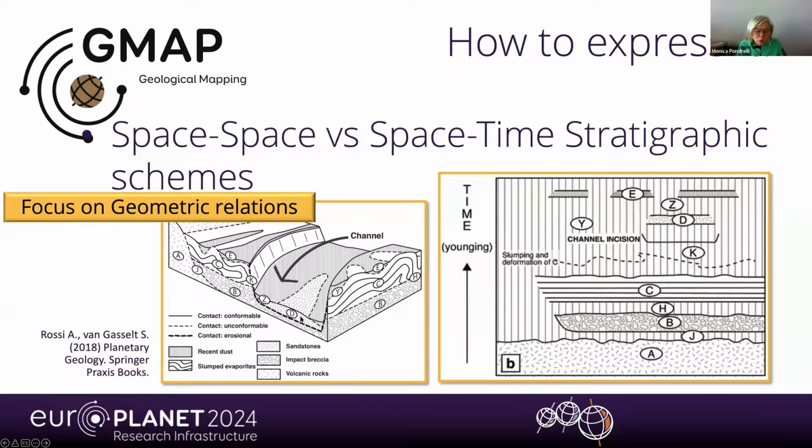But we lose the fact that the thickness of this body is not regular, because we have higher thicknesses here and lower thicknesses here. We lose this because we want to know the time in correspondence of which this channel was deposited. And this channel was deposited at the same time in all this area.